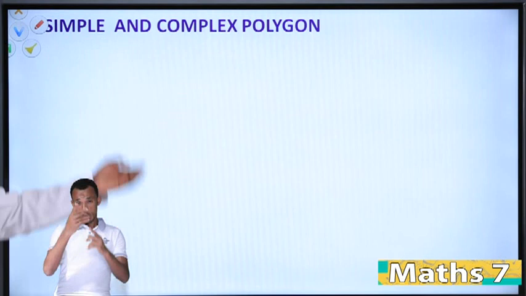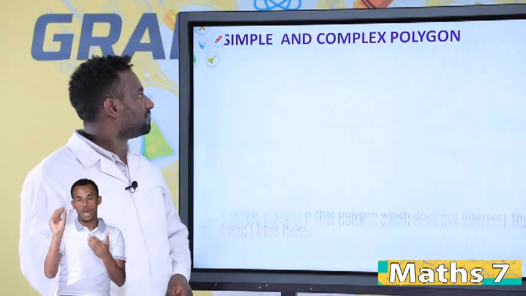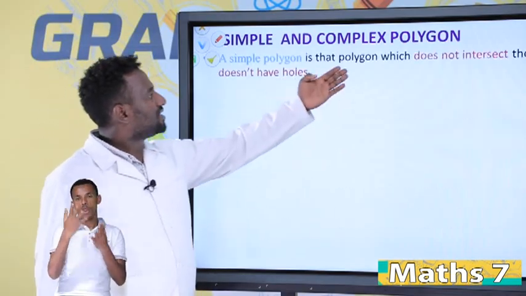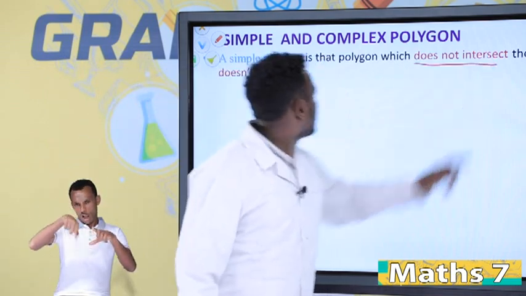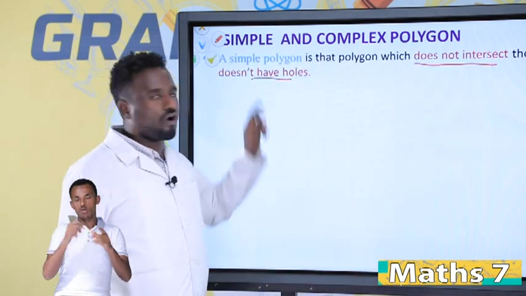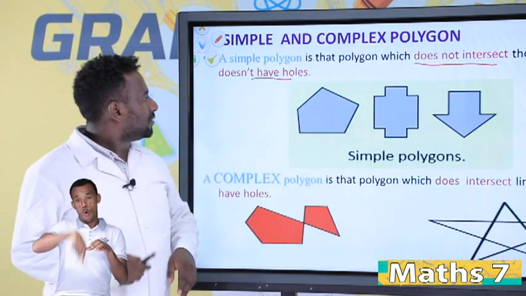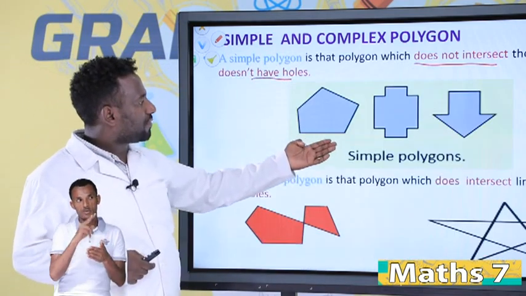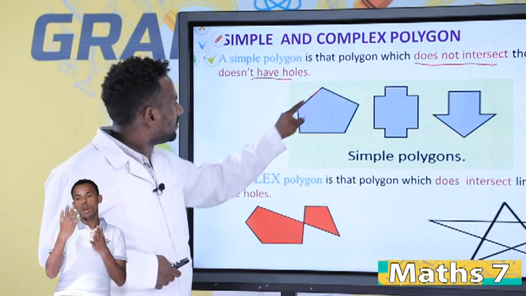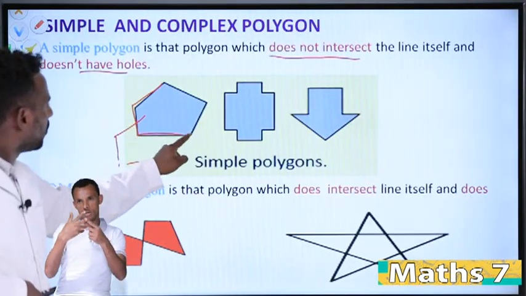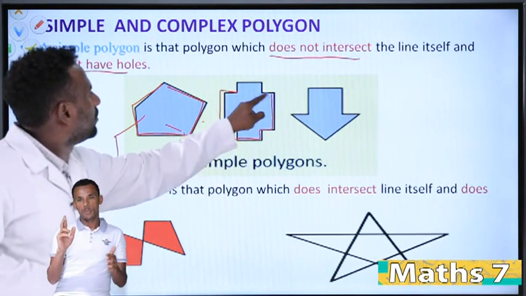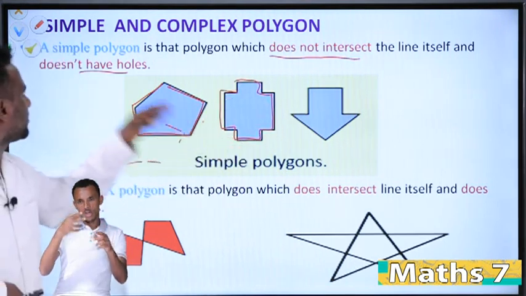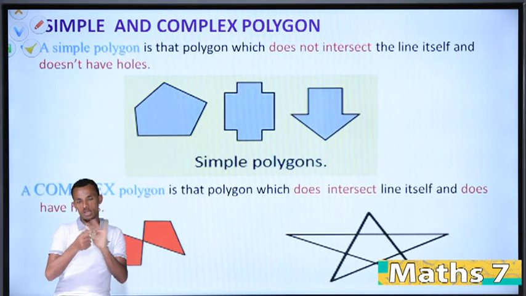Let's differentiate simple and complex polygons. A simple polygon does not intersect itself and does not have a hole. This is an example of a simple polygon. There is no intersection point on the given polygons, so this is a practical example of a simple polygon.